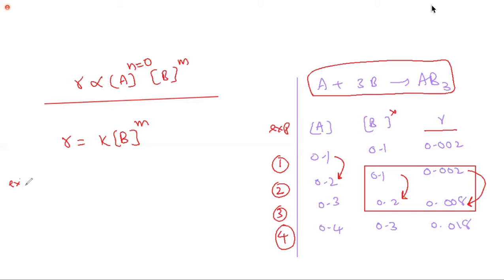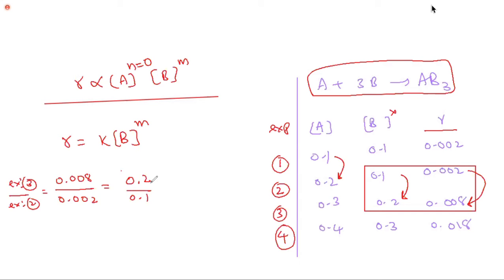At experiment 3, the rate is 0.008, and at experiment 2, the rate is 0.002. The K will get cancelled. The concentration of B at experiment 3 is 0.2, and at experiment 2 it is 0.1.